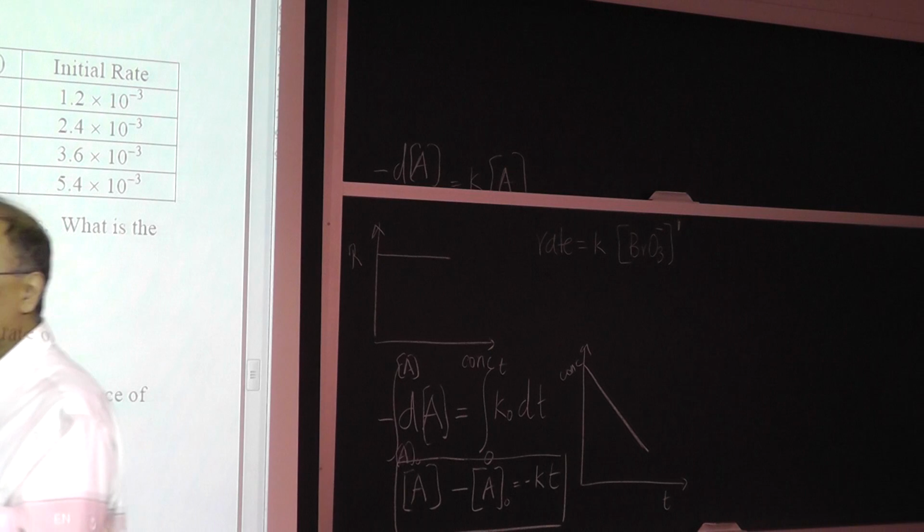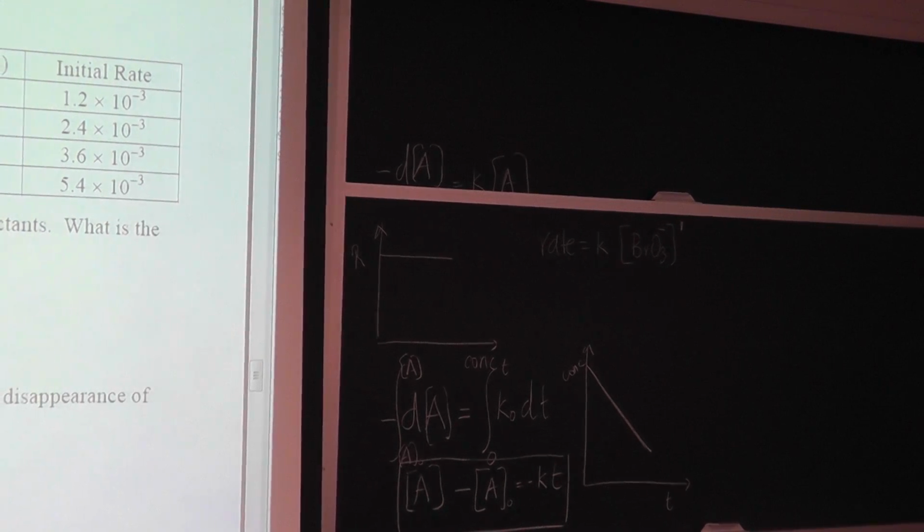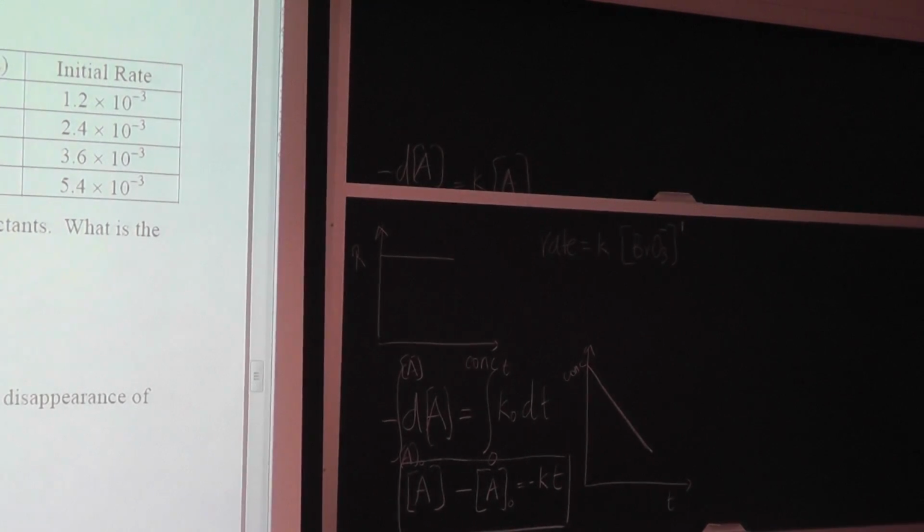Supposing when you double the concentration, the rate became 8 times larger. What would the exponent be? 3.